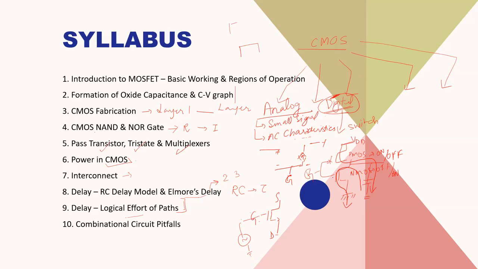The input voltage applied to my gate will be digital this time, right? So I'm giving VDD. In analog, I was giving an AC voltage. So this makes us understand we are working in the digital world for my CMOS.